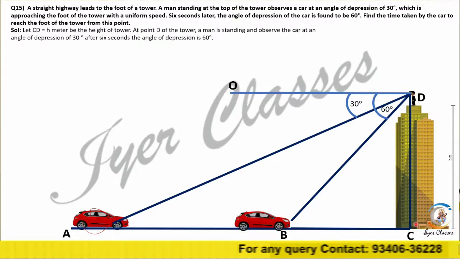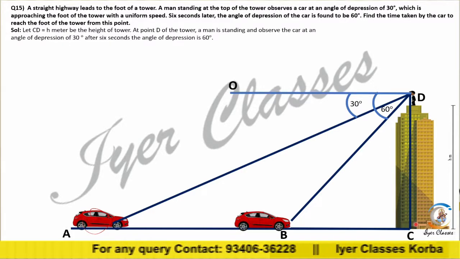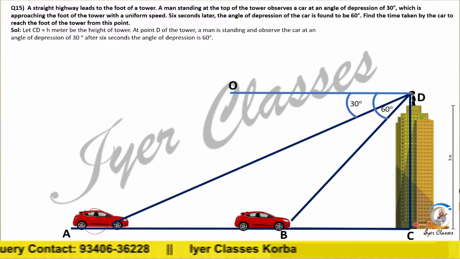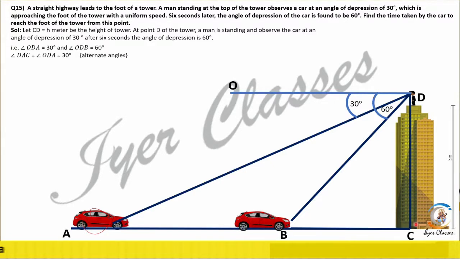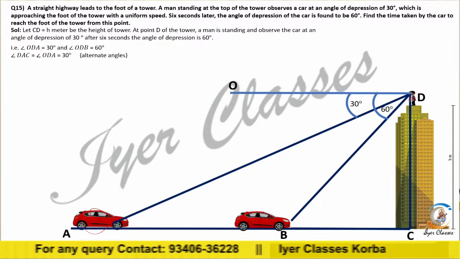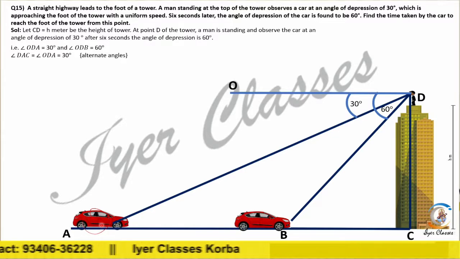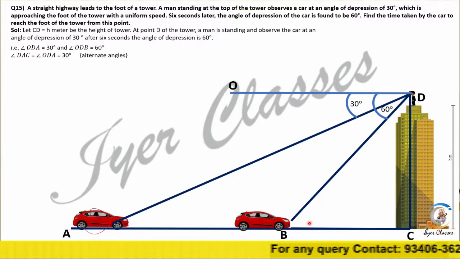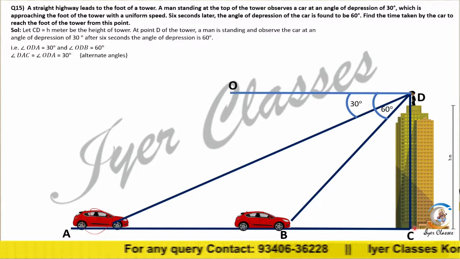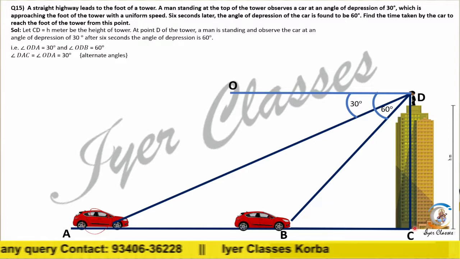For this, we need some right angle triangles and we are also going to use the trigonometrical ratios. How to do it, right? Okay, so you have seen in the diagram that the angle ODA is 30 degrees and ODB is equal to 60 degrees, right? Now you can see that the line OD and the line AC are parallel to each other.